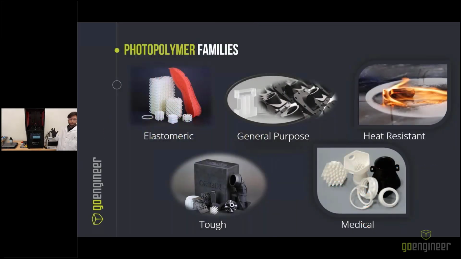There are currently 5 photopolymer categories that are available to purchase. These consist of elastomers, some general purpose engineering materials, high heat resistance, high toughness and strength, along with medical.